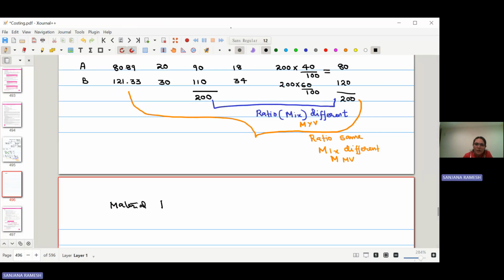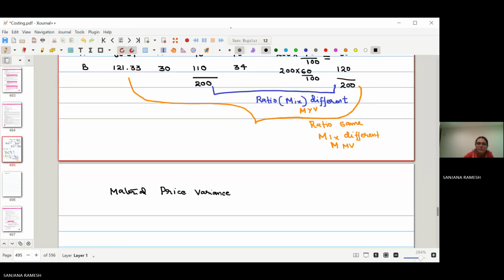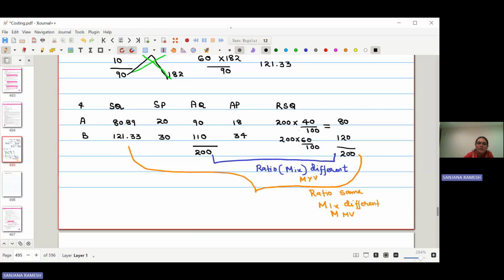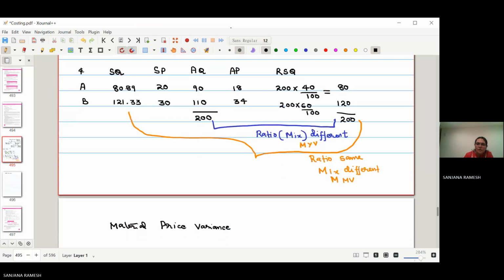First, material price variance. The difference between standard price and actual price.